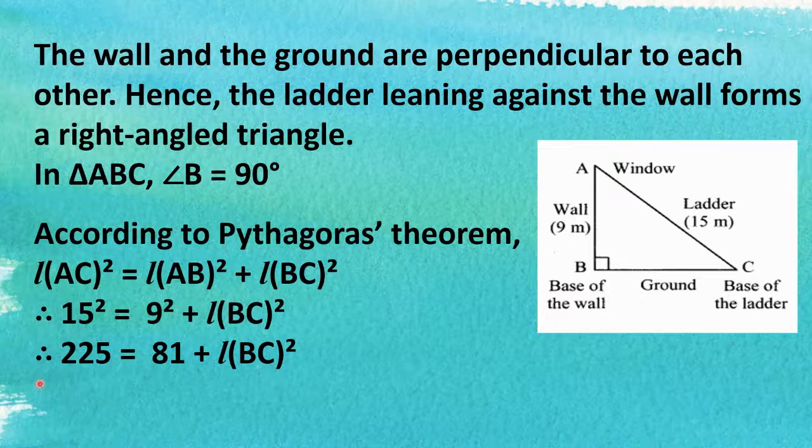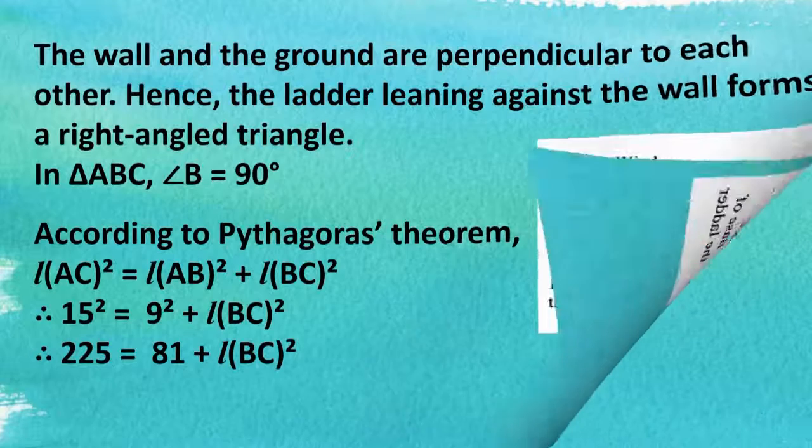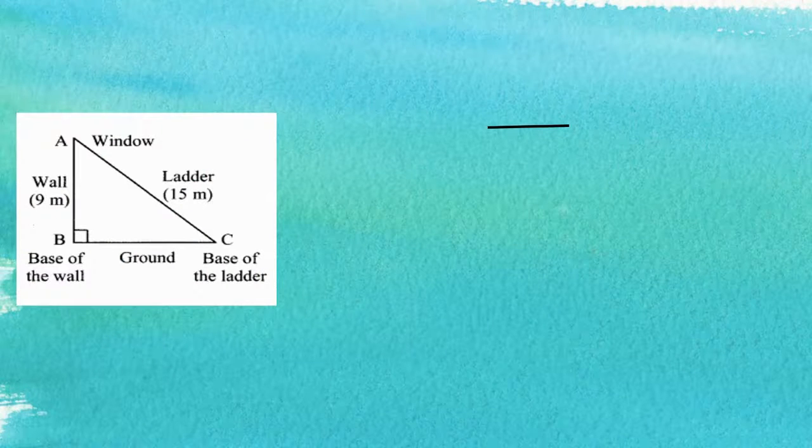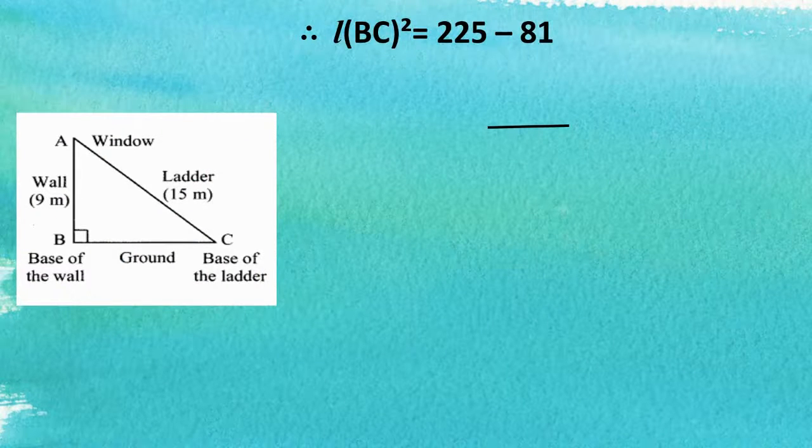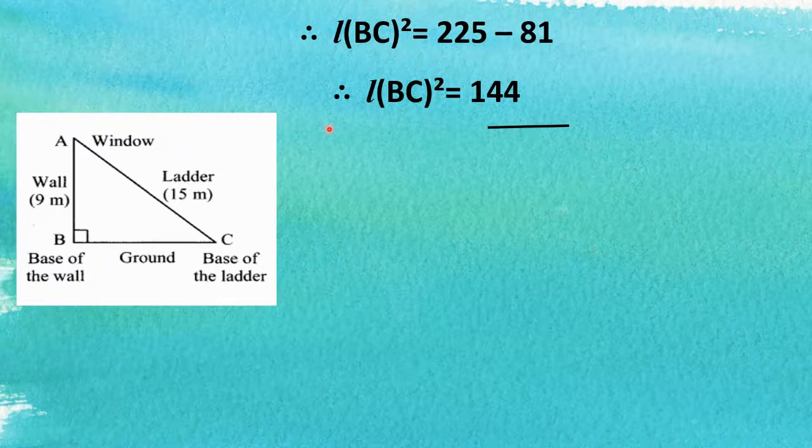So 225 is equal to 81 plus length of BC square. So here length of BC square is equal to 225 minus 81. When we subtract we will get length of BC square is equal to 144.